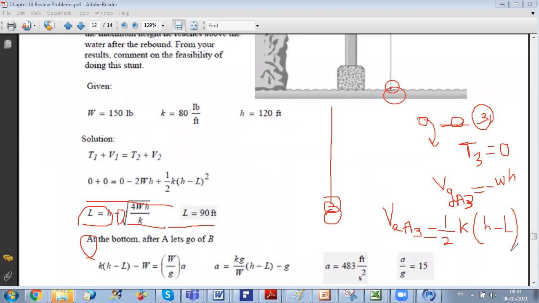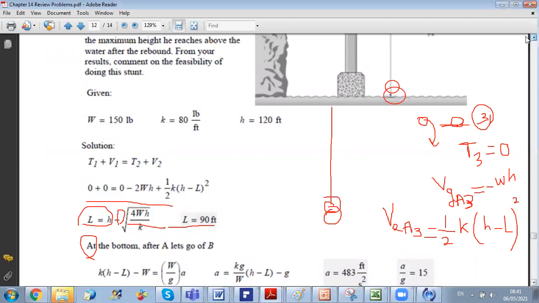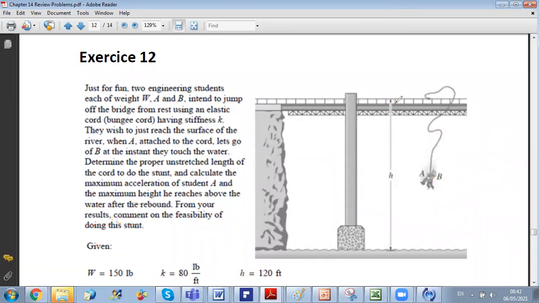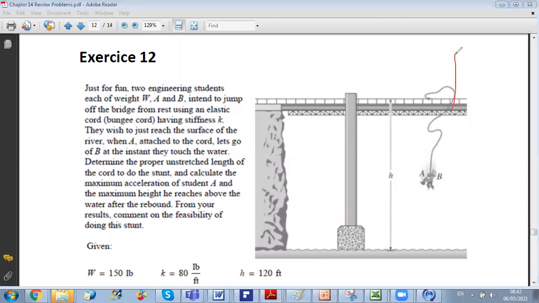Now at the final state, what will happen? There is one more thing. At the final state we should find the maximum height that will be reached. As we predicted, A will go up above the bridge.